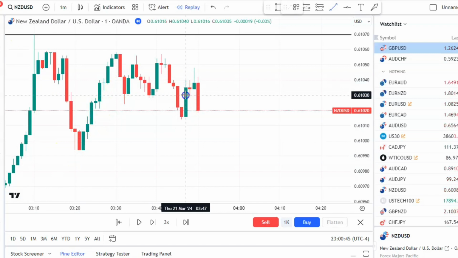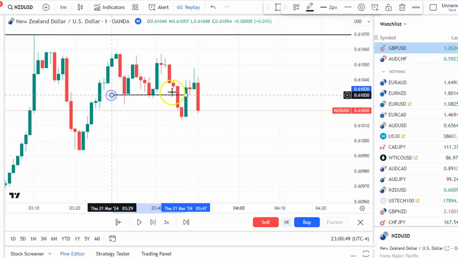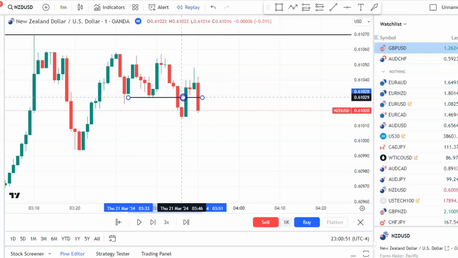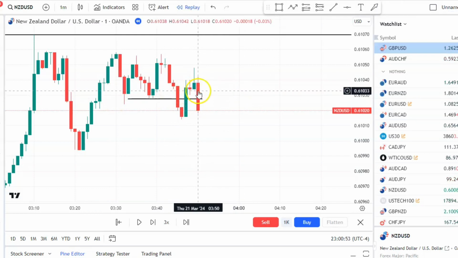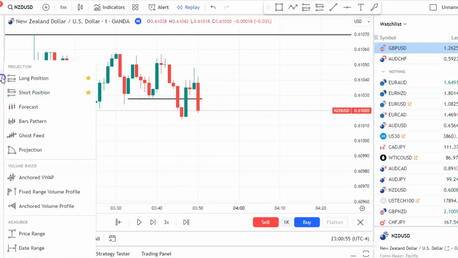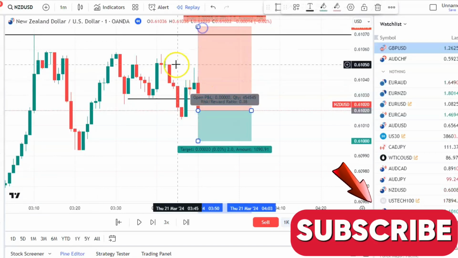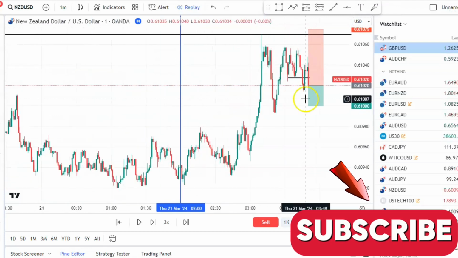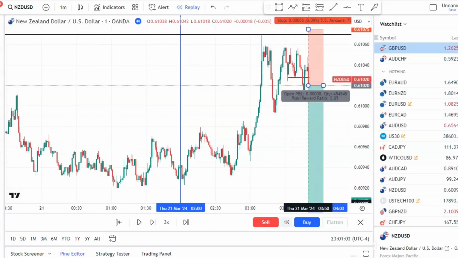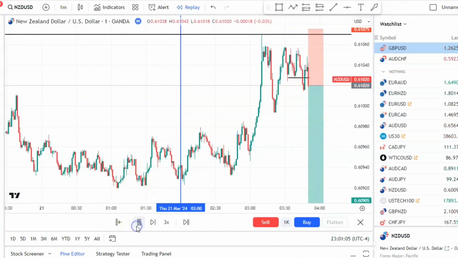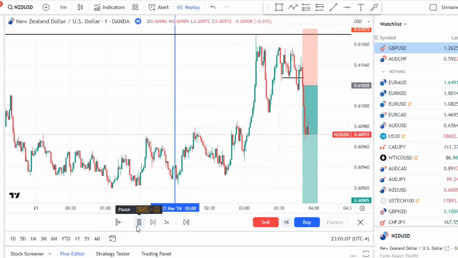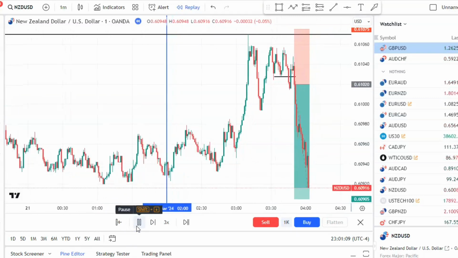So once we break structure here, we broke structure in this area, we got the retest, and then we got the engulfment. This is our entry, stops above that high, and we are targeting the low of the day. And this was a massive trade back to the low of the week.